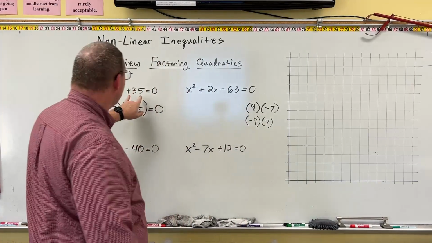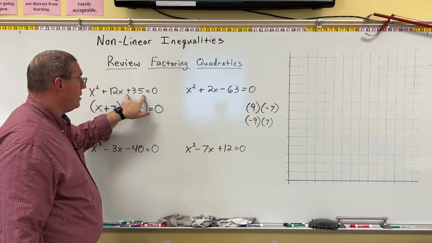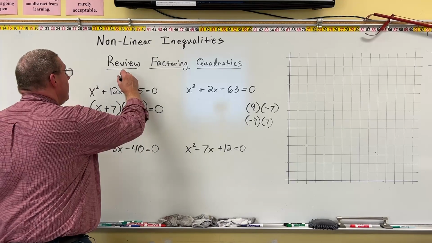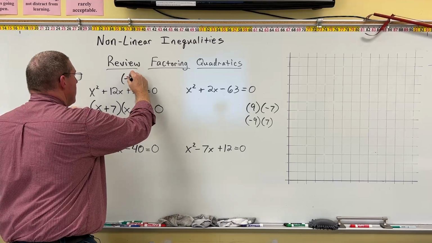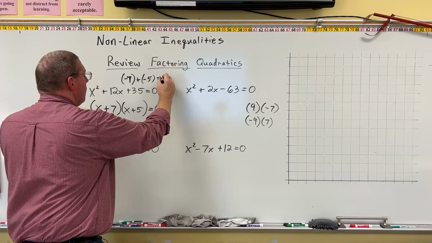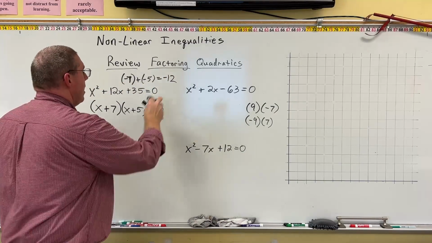And over here, we could have had negative 5 and negative 7, because negative 5 times negative 7 equals positive 35. But negative 7 plus negative 5 would not give positive 12, it would give negative 12. So that's how we know it was not negative 7 and negative 5.